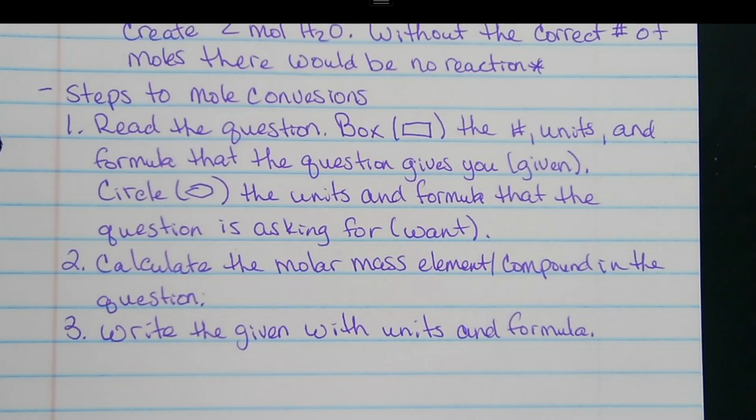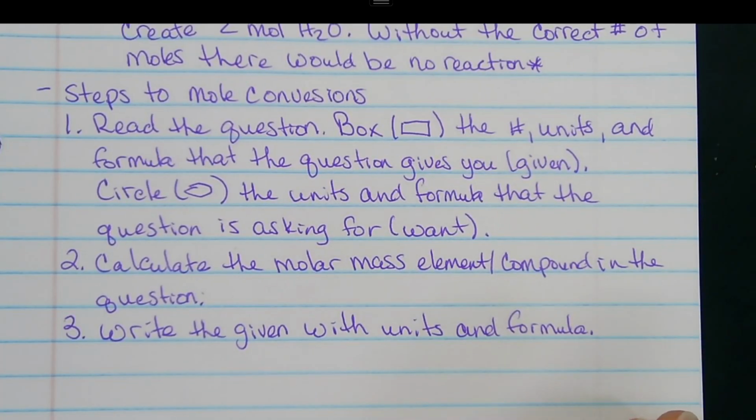But if you get in the habit now, as you get to our higher stoichiometry, as we're adding more than one compound, more than one molecule, more than one element, it helps you keep track of things. As you get into the habit of adding those units and the formula, it'll just be a habit as you keep going. It doesn't take any more than 2 seconds. So just do it.